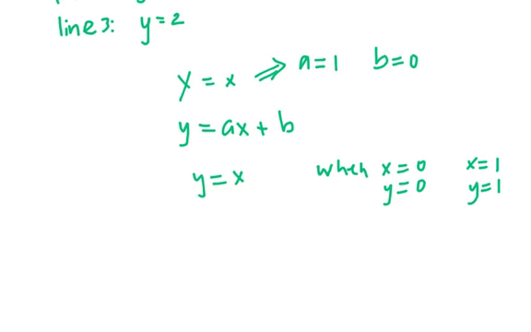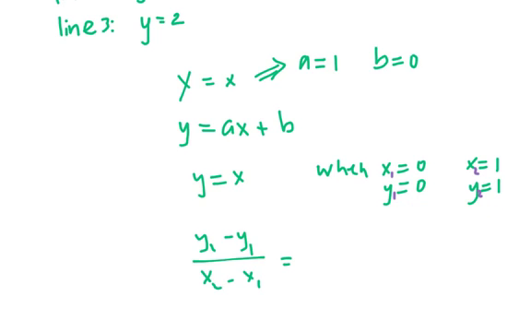Our gradient formula is y2 minus y1 divided by x2 minus x1. We'll use y2 and x2 as this value, and y1 and x1 as this value.